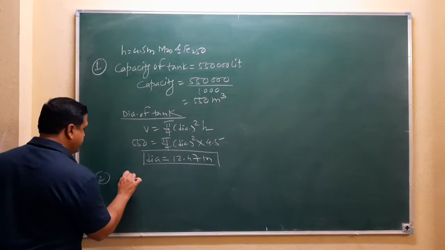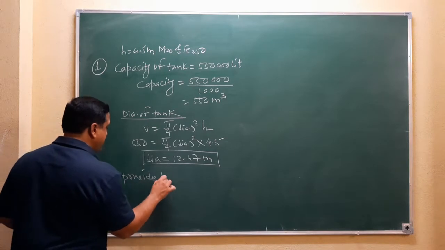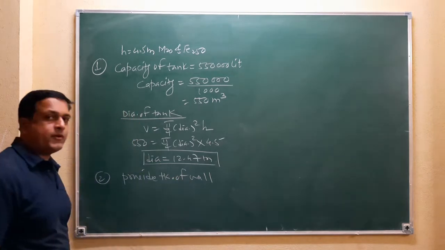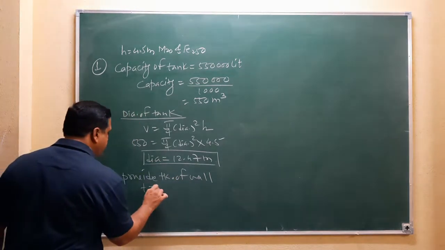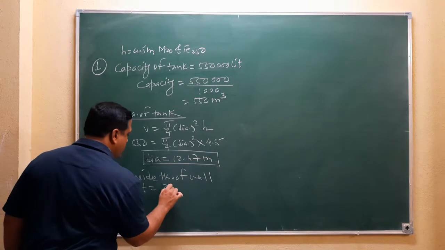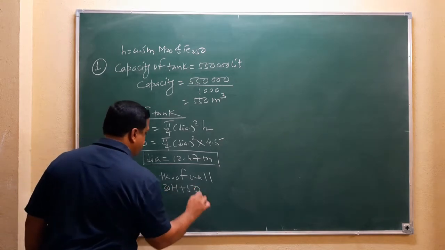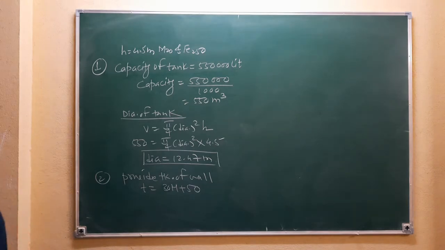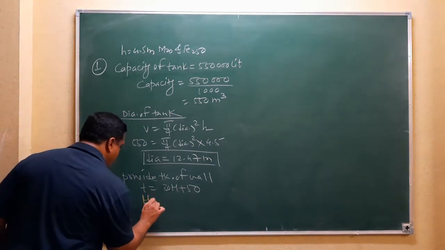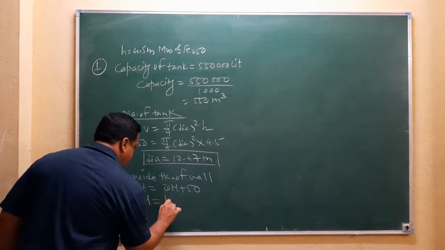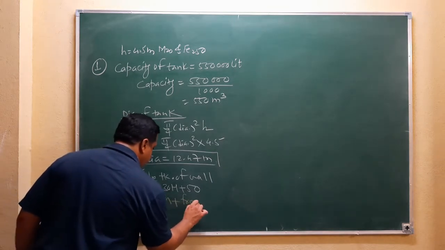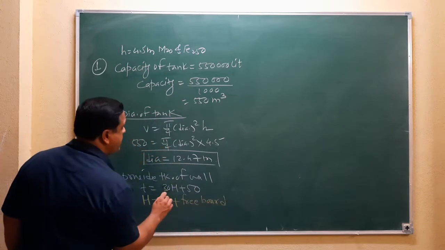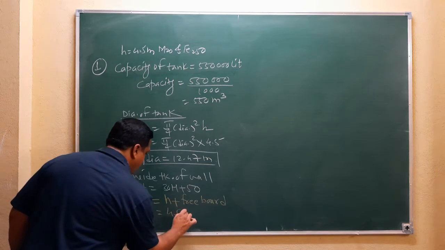Now step number 2, provide thickness of wall. Provide thickness of wall using the approximate formula, that is t is equal to 30h plus 50, where small h is the height of the wall. Now what is capital H? Capital H is small h plus freeboard. Small h is 4.5.